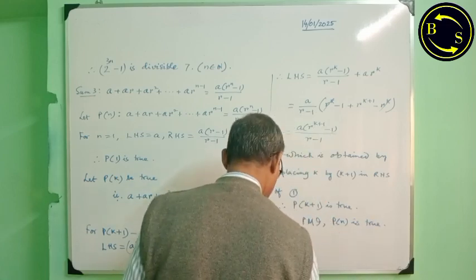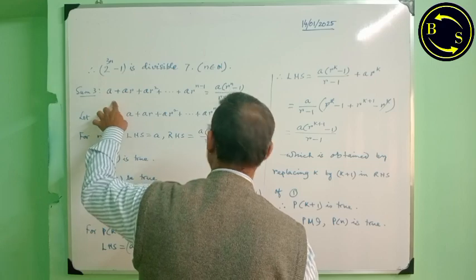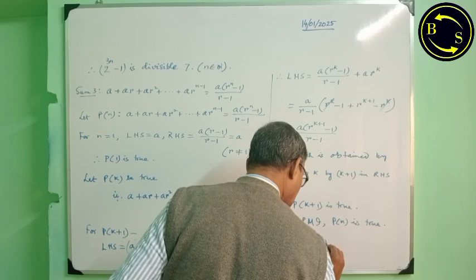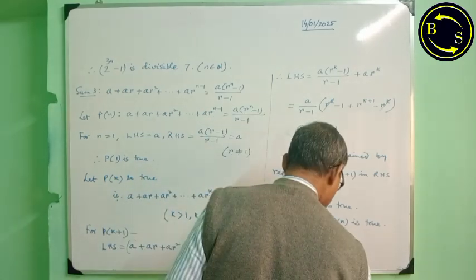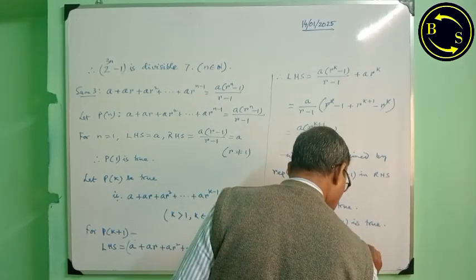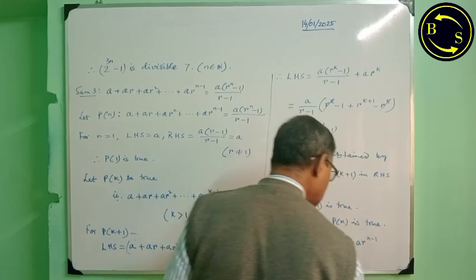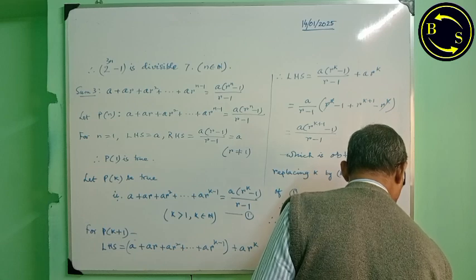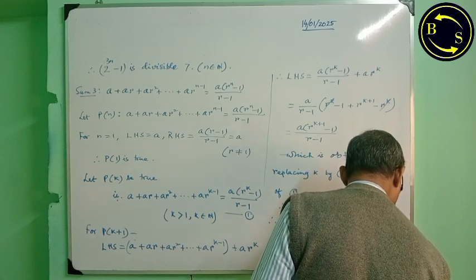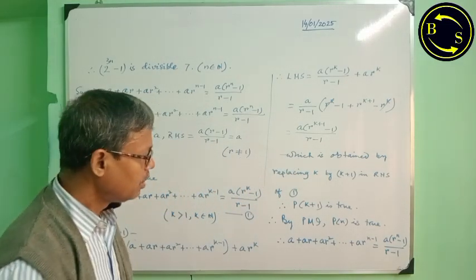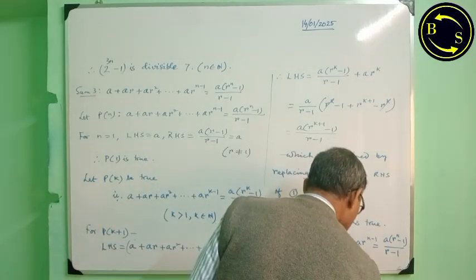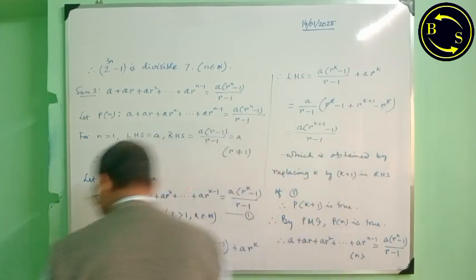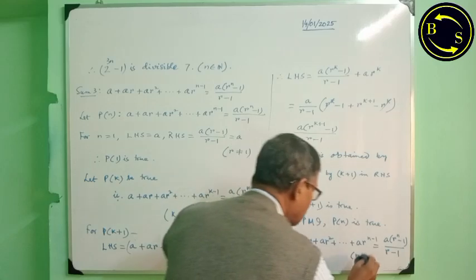Therefore, finally, A plus AR plus AR square plus AR to the power n minus 1 is equal to A within brackets R to the power n minus 1 by R minus 1, and n belongs to the set of natural numbers.